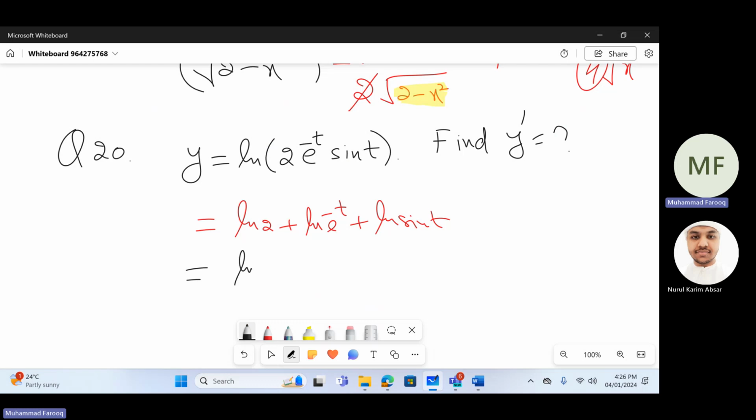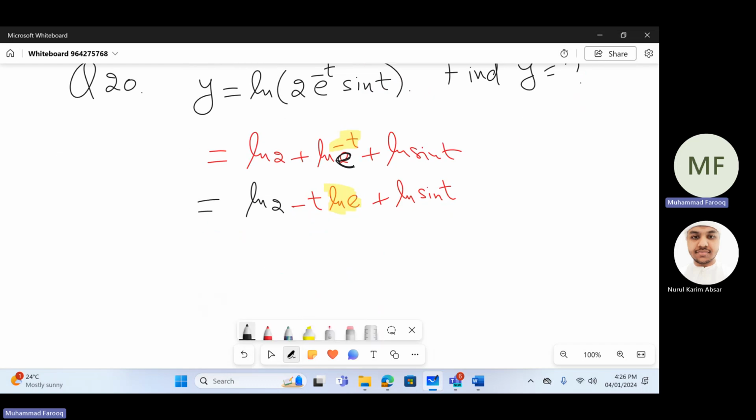Look at it: ln 2. This is e, which is the argument, and it has a power. Whenever you have a power of the argument, we can take it down. So it becomes minus t times ln e, plus ln sine t. And we know very well, ln e is always 1. ln 1 is always 0, and ln e is 1.